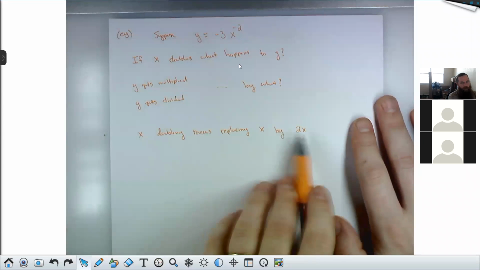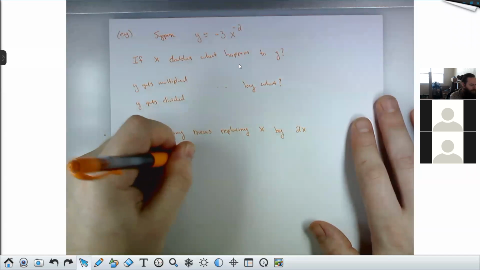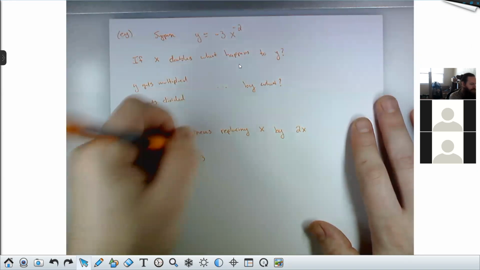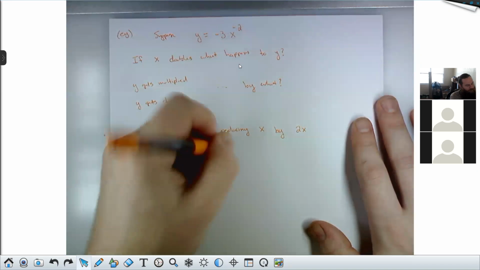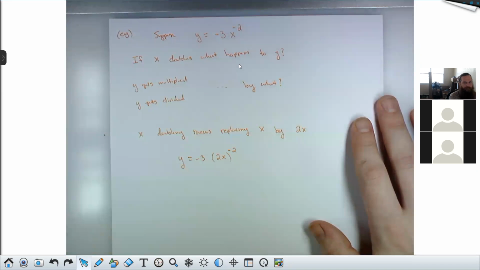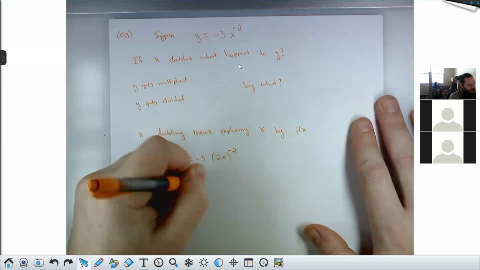If I double something, I'm multiplying that thing by 2. So what would y be? Y would be -3 times the double of x, 2x, raised to the -2. So that's the same as saying y equals -3.